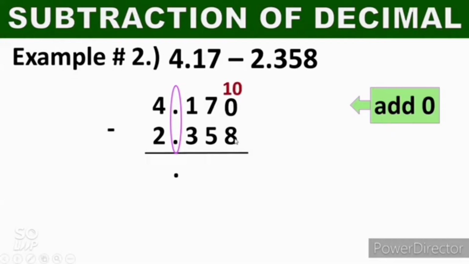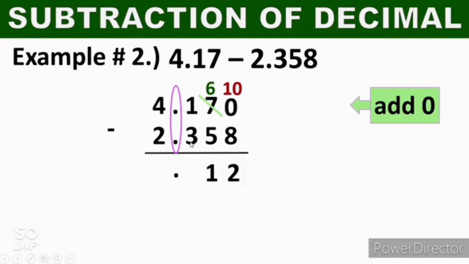0 minus 8 cannot be done, so we borrow 10 from 7. So 7 becomes 6, and 0 becomes 10. Now 10 minus 8 is equal to 2. And then 6 minus 5 is equal to 1.